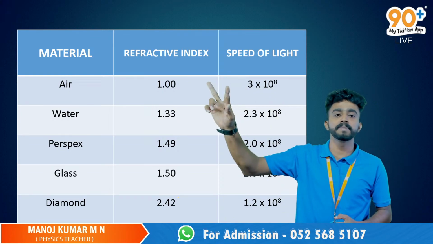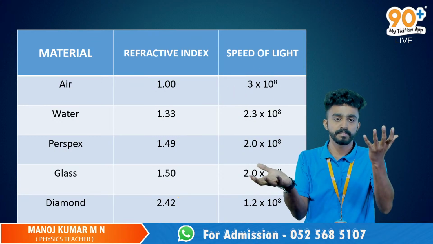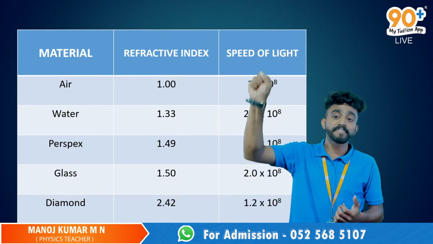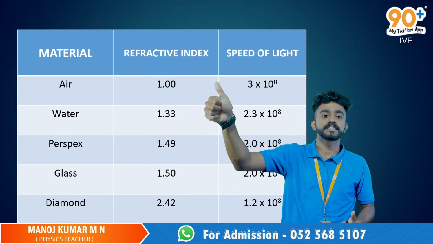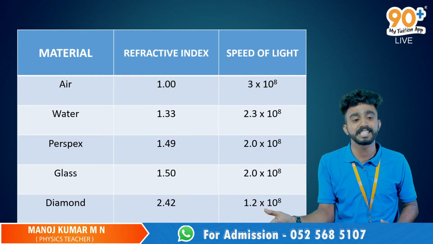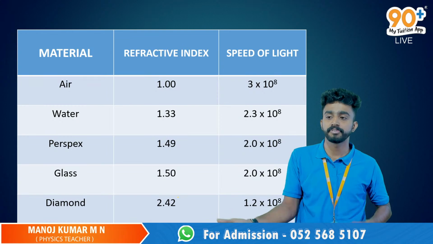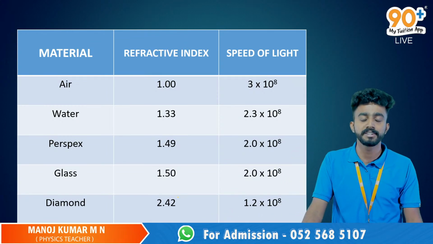So these two tables, that is refractive index and speed of light, are contradicting. In the case of air, speed of light is greater, but refractive index is the smallest value. But in the case of diamond, speed of light is lower, but the value of refractive index is greater, 2.4. Understood that's different?